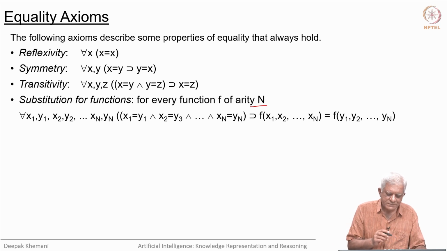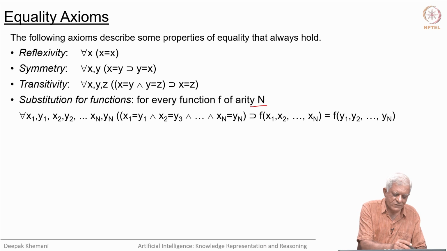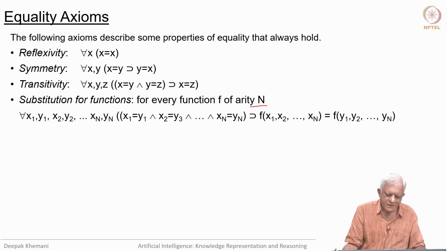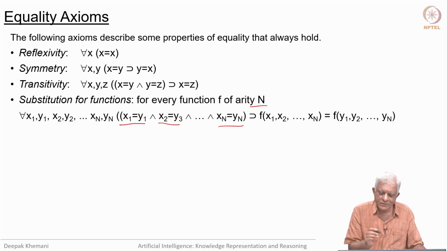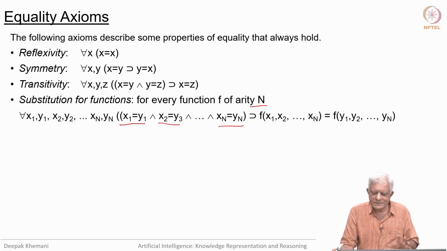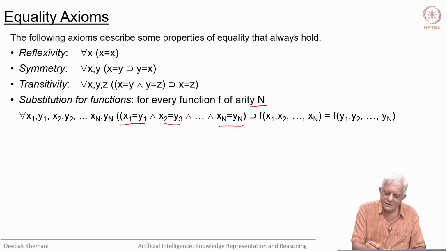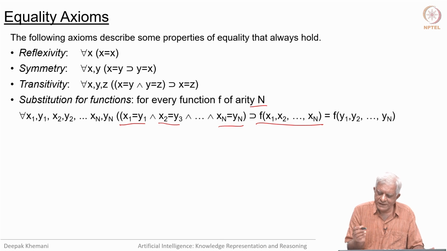So, let us say we have x 1, x 2, x 3 up to x n and y 1, y 2, y 3 up to y n, and we say that x 1 equal to y 1 and x 2 equal to y 2 and up to x n equal to y n, then it must be the case that the function f on x 1 to x n is equal to the function f on y 1 to y n.